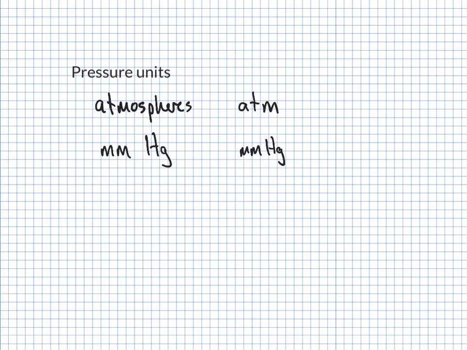Then there's this thing called the torr, which comes from Torricelli, the guy who came up with the mercury barometer, so they actually named a unit after him.